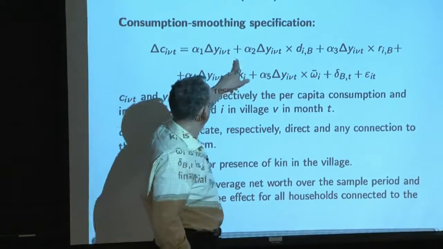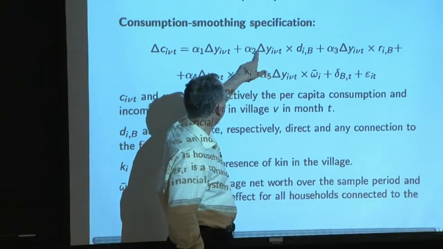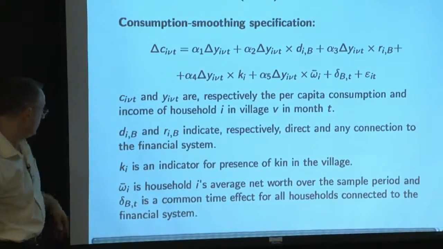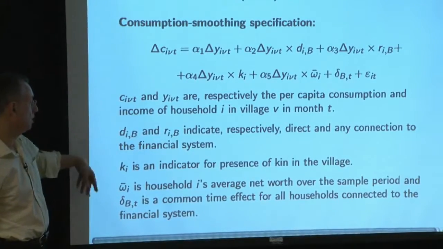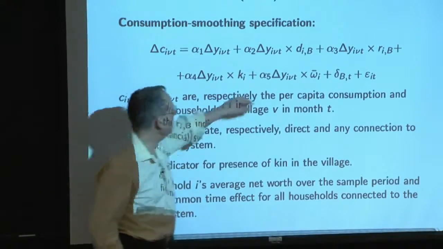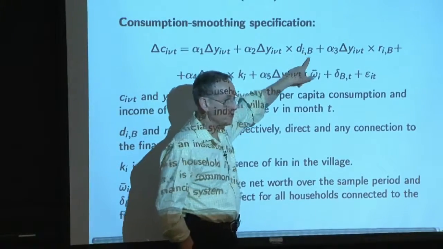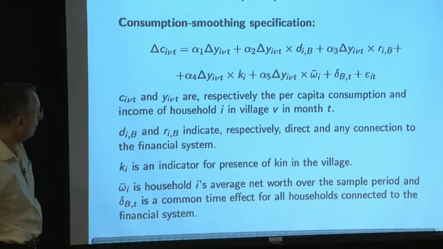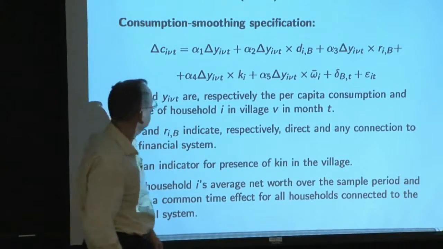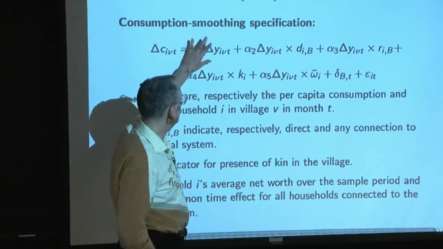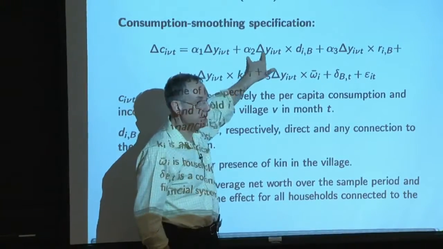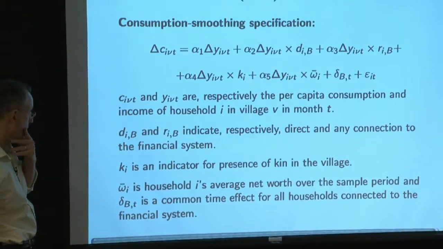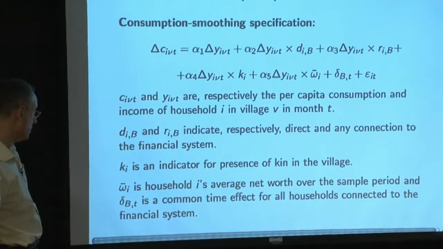And then we start interacting that change in income with, they're basically a direct member or indirectly connected, quote, member of a financial institution. And one hopes that this might be not trivial, but this would be negative and subtract off for those who are members and customers and so on.